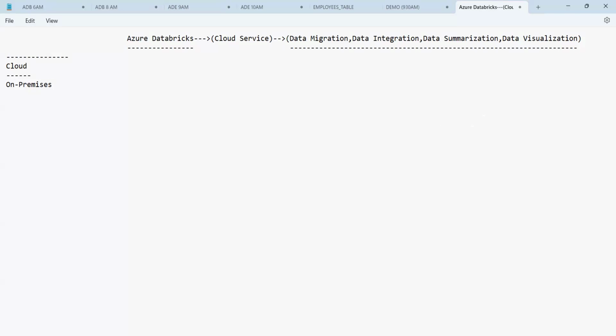Let's try to understand these two first. What do you understand by the word cloud, and what do you mean by on-premises?